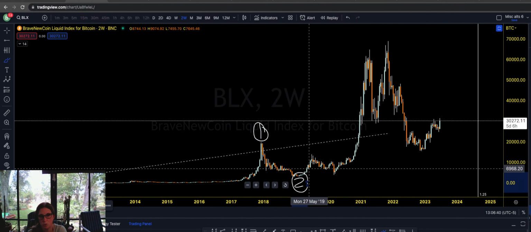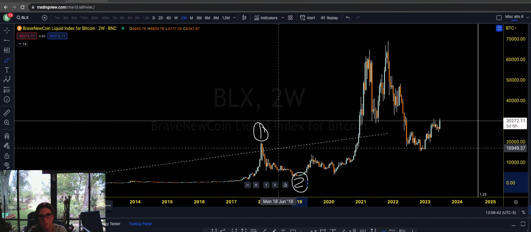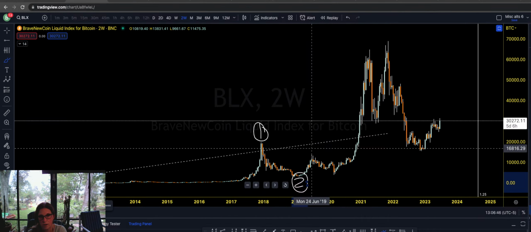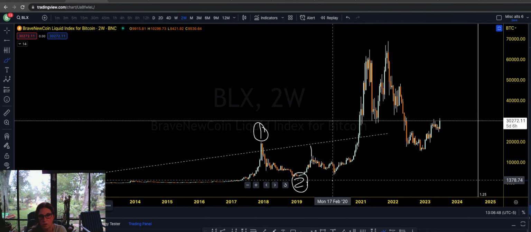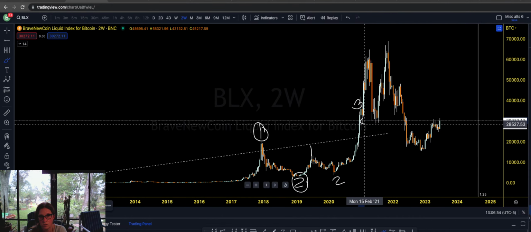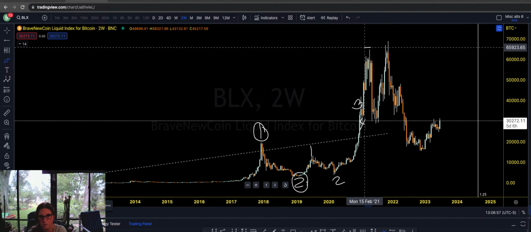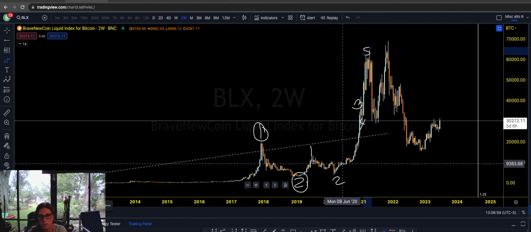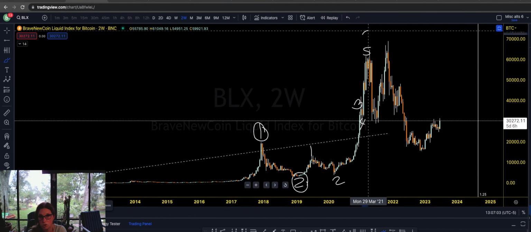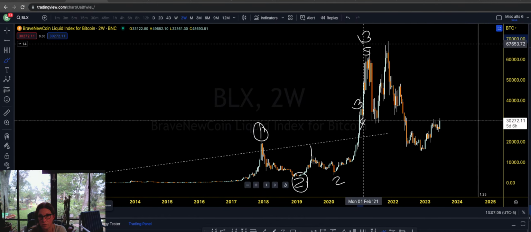Then we have this little bull run that is very much obvious, that is smaller than this one. Okay, we have a lower degree 1, a lower degree 2. We have a lower degree 3, a lower degree 4, and a lower degree 5. This wave of $60,000 should be our main third wave.